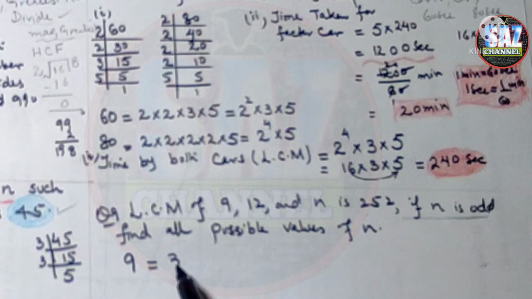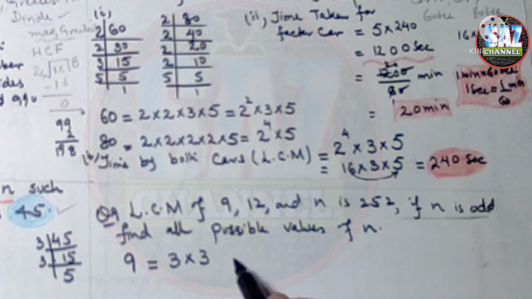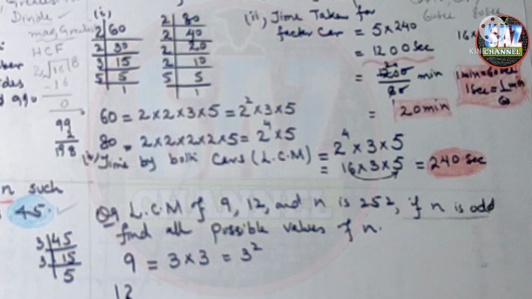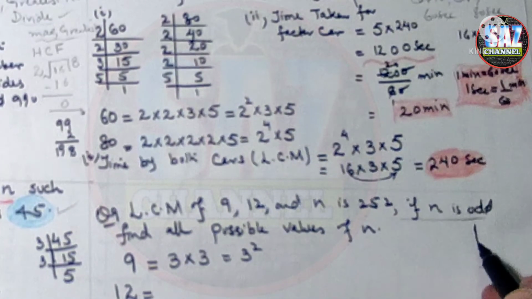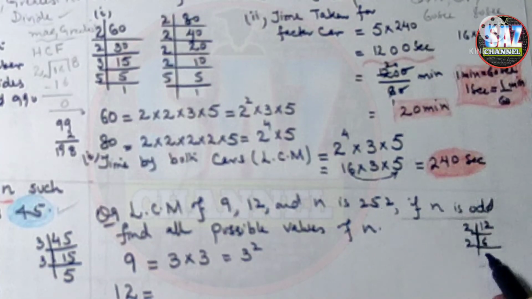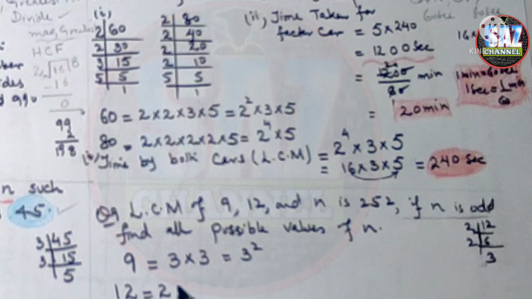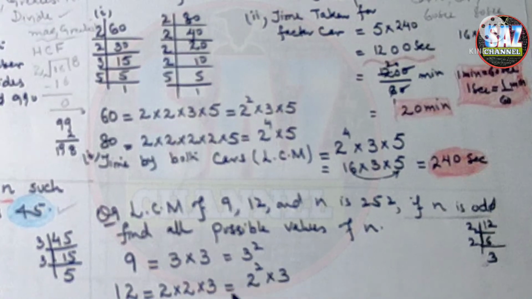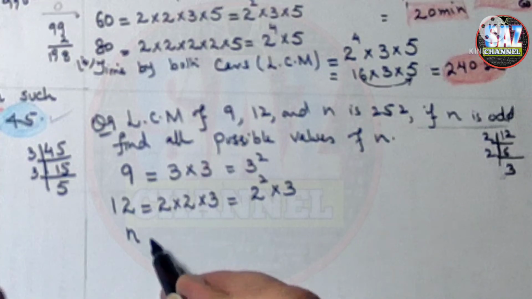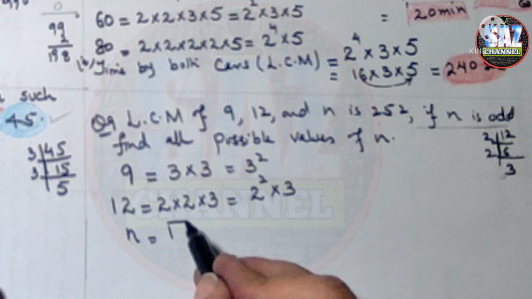So the prime factors for 9 are 3 multiplied by 3, or 3 square, and for 12, for the junior students, I will be making the prime factorization: 2 6s are 12, 2 3s are 6, so 2 multiplied by 2 multiplied by 3, and this gives me 2 square multiplied by 3, and there is some third number as well that will also have some factors.